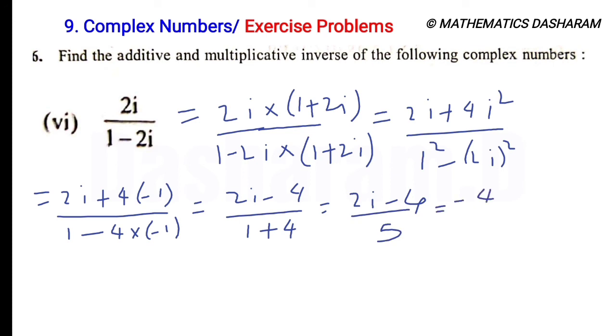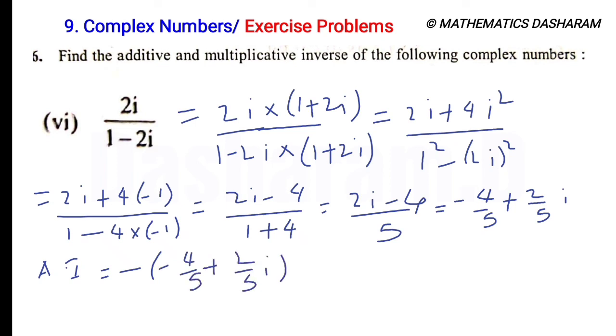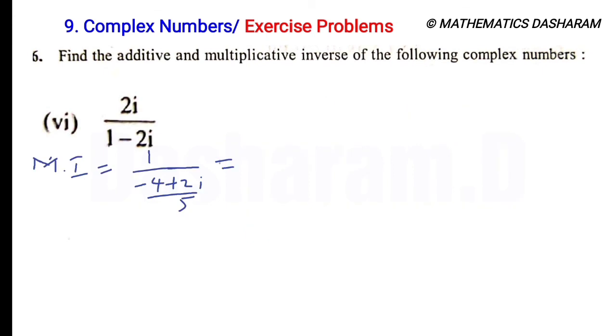So it equals minus 4 by 5 plus 2 by 5 i. Now the additive inverse: apply the minus to the simplified answer, so minus 4 by 5 plus 2 by 5 i becomes 4 by 5 minus 2 by 5 i. So it equals 5 divided by (minus 4 plus 2i).